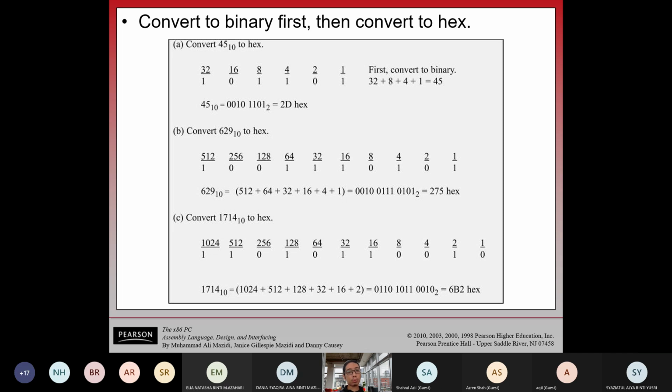Then you divide by 2 again. So that's the number that you should obtain.